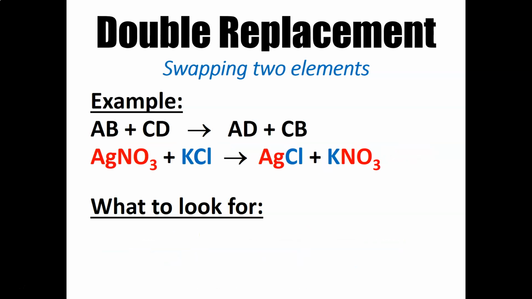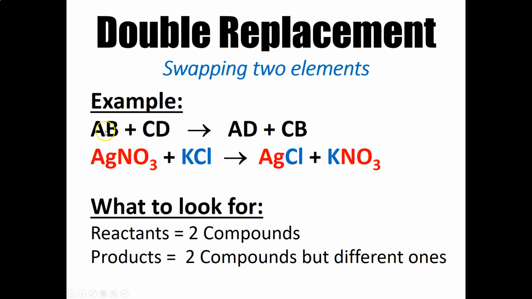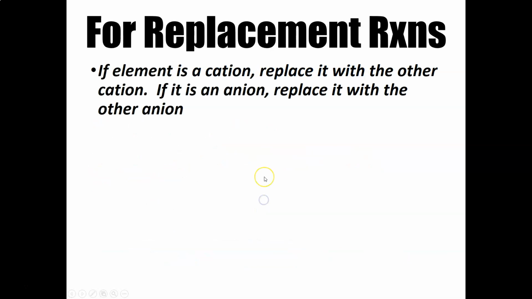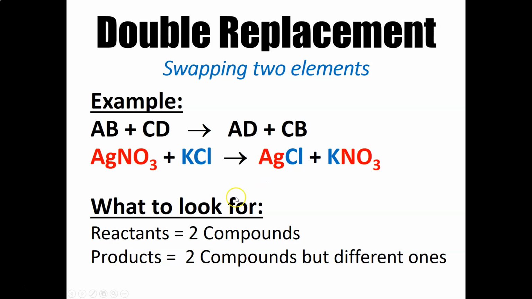Double replacement is when we switch two things. This time you have two compounds and you're going to make two new compounds. If you notice, I tried to color code these so you can kind of follow it. We started with silver nitrate and potassium chloride. Now they swap places, and now we have silver chloride and potassium nitrate.